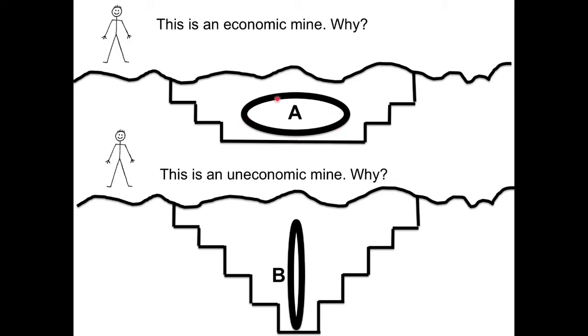The reason that A is economic is that A has a shape that is parallel to the surface of the earth. And you are extracting a lot of rock to the right and to the left and above A. But the overall size of the pit is much smaller relative to the size of the ore body than it is in example B. So notice in example B, we've got an ore body that's vertical.